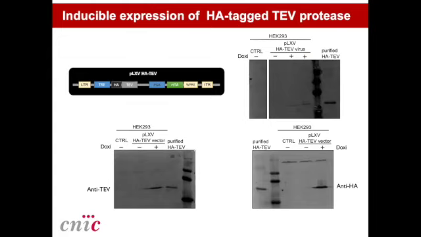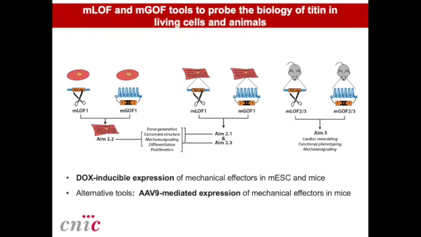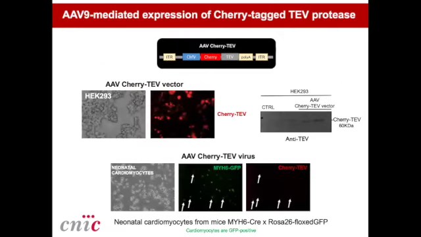An alternative tool to express TEV is an adenovirus vector to express the mechanical factors. For that, we tested another vector with the mCherry-TEV protein in an adenovirus serotype 9 vector, and this vector works well in HEK293.